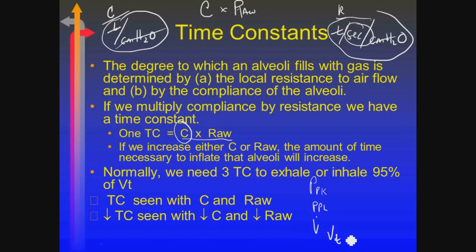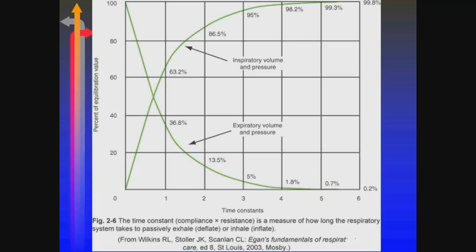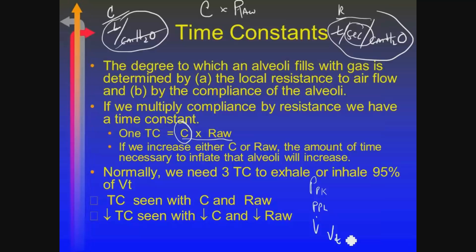The examples you gave us in the lab portion, do you want us to multiply the time constant by 3? Good point. No, for the matter of the test, I just want to know what one time constant is. But normally we would need somewhere on the order of 3 time constants to be able to determine that 95% of our tidal volume is moving one way or the other.